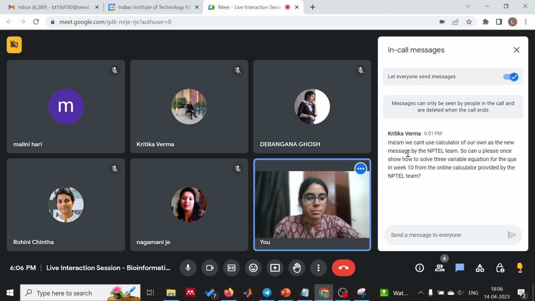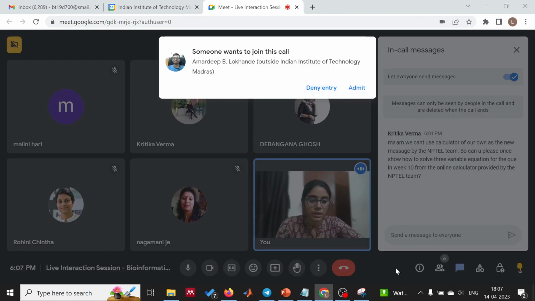Before I start, I see a message from Kritika. There's the online calculator which you cannot use for solving three equations. I don't know whether such questions might be given in the first place, or it'll be solvable by using a trial and error method probably.